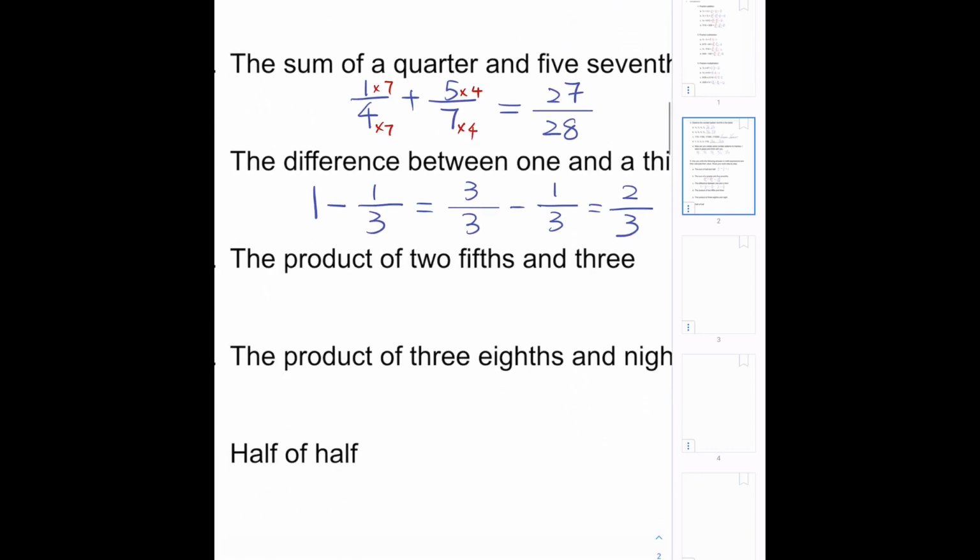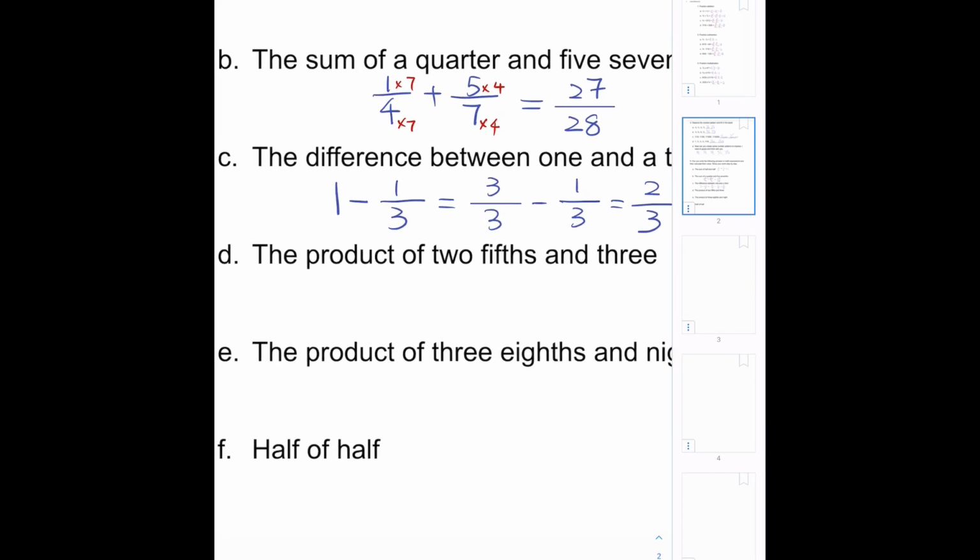The product of 2/5 and 3. 2/5 times 3 equal to 6 over 5 is 1 and 1 over 5.